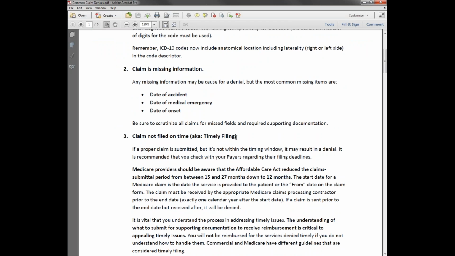Just to mention on timely filing, Medicaid and Medicare allow 12 months for filing claims from the initial date of service. But the non-Medicare payers, they only allow 6 months. So if you submit a claim that date of service is older than 6 months, they are not going to pay you. The other thing to note is that once you submit a claim, then the clock changes.